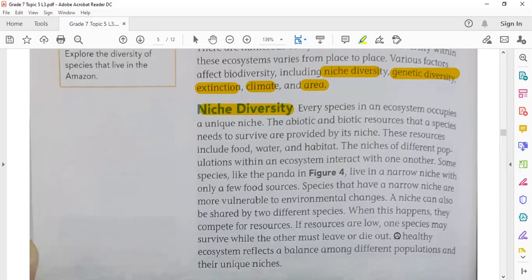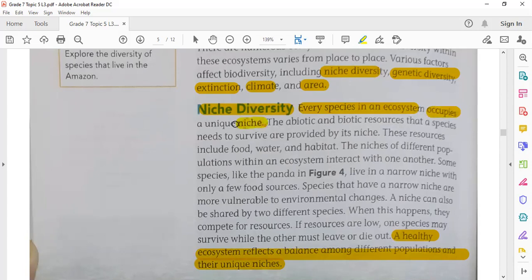A healthy ecosystem reflects a balance among different populations and their unique niches. And we say that the niche is the role that an organism plays in its environment. Every species or every organism in an ecosystem occupies a specific role or a unique niche.